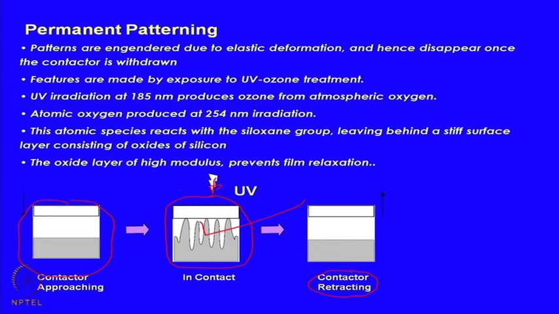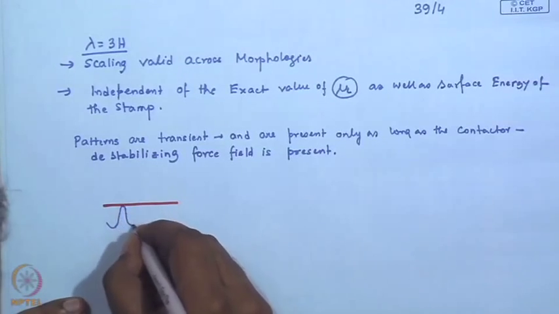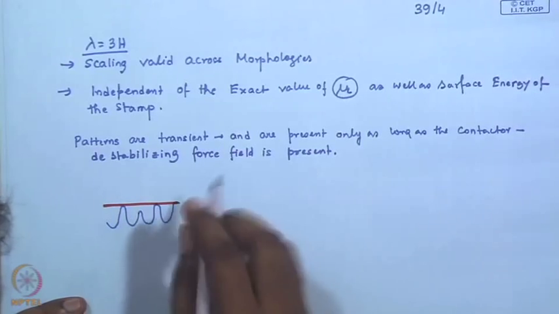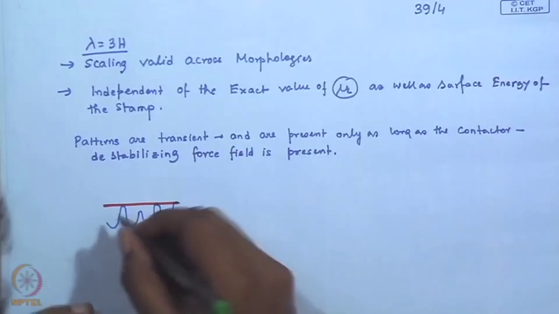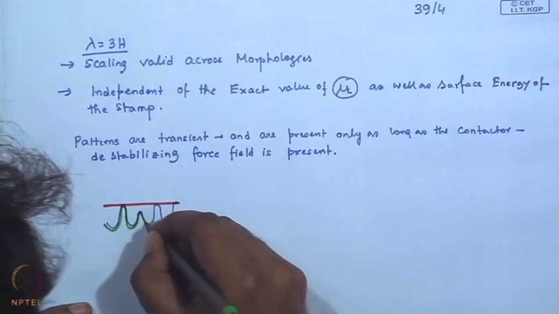Okay. So, within the chamber you have a whole lot of atomic oxygen present. This atomic oxygen reacts with the siloxane film surface, and it forms higher oxides of silica on the surface of the film. So, here in the presence of a contactor you had a deformed film surface, and then you expose it to UV ozone. So, it forms a very stiff surface layer, okay.